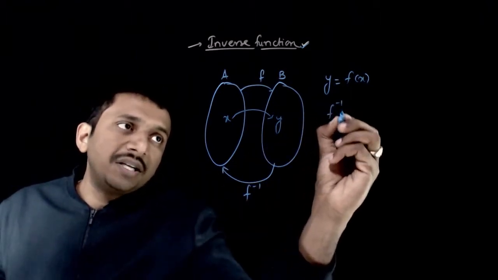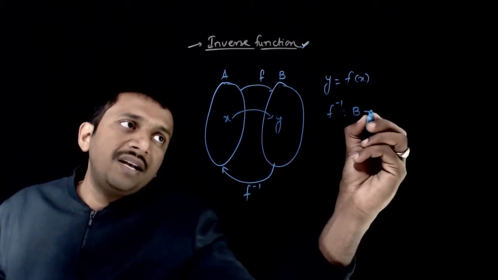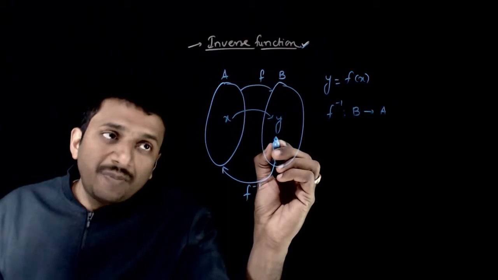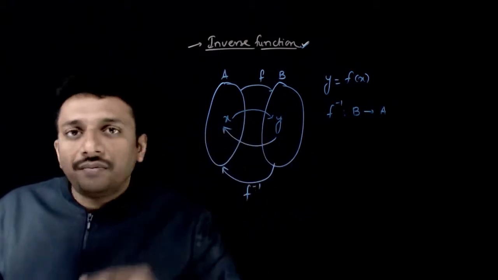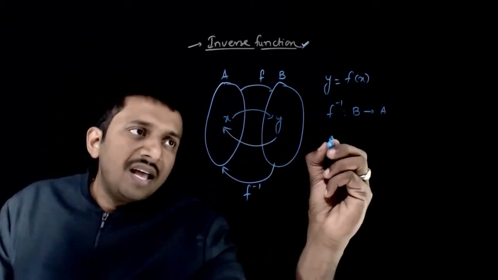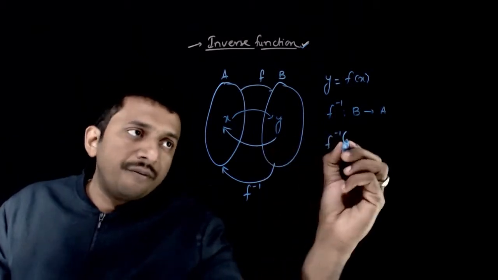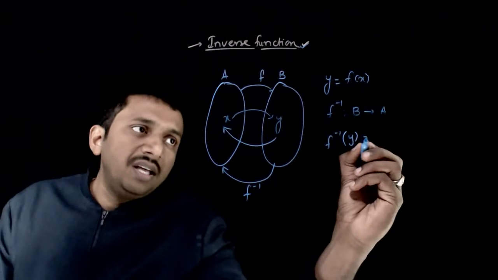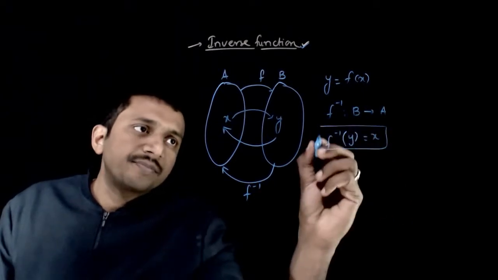The inverse function is a function defined from B to A, which brings back x from y. That is, f inverse of y, the image of y with respect to f inverse, is nothing but x.